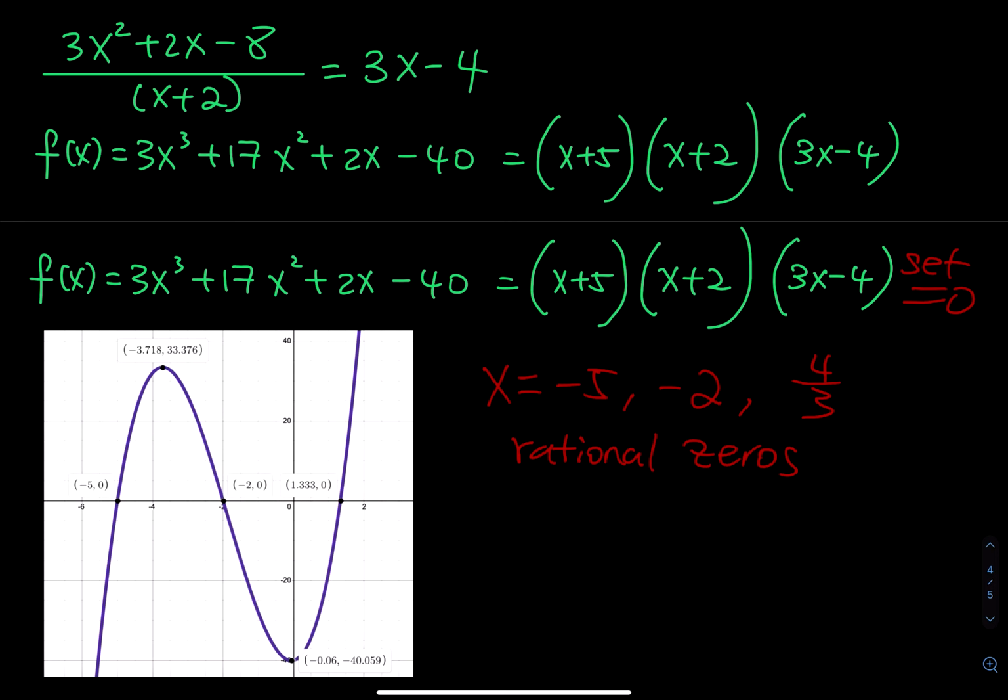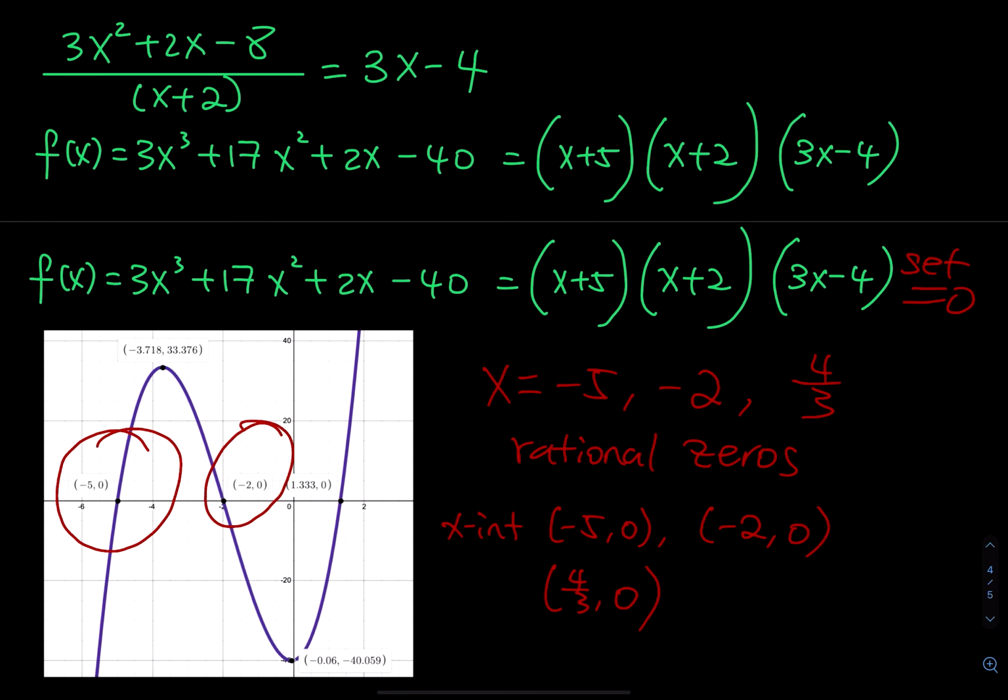But in case you ask, hey, negative 5 is not a rational number, I can put that in a rational form. Just simply write negative 5 over 1 or negative 2 over 1. So they are rational numbers. And then for the x-intercepts, we have negative 5, comma 0, negative 2, comma 0, and then 4 over 3, comma 0. On the picture, it is right here, here, and then right over there. You have 3 rational zeros.